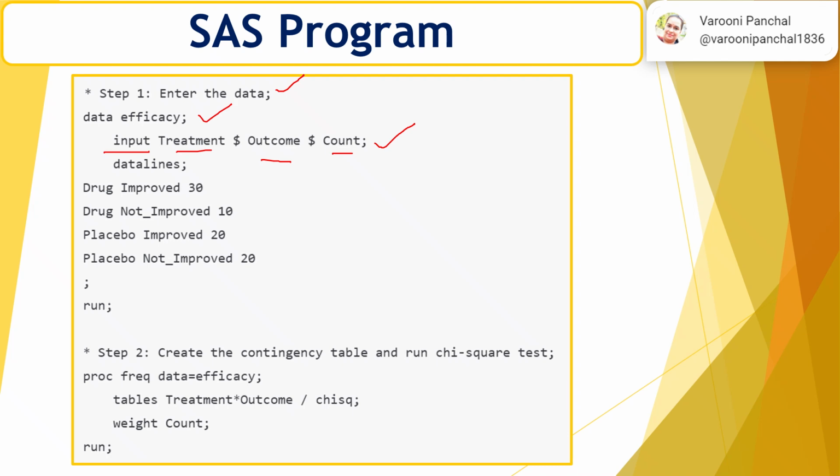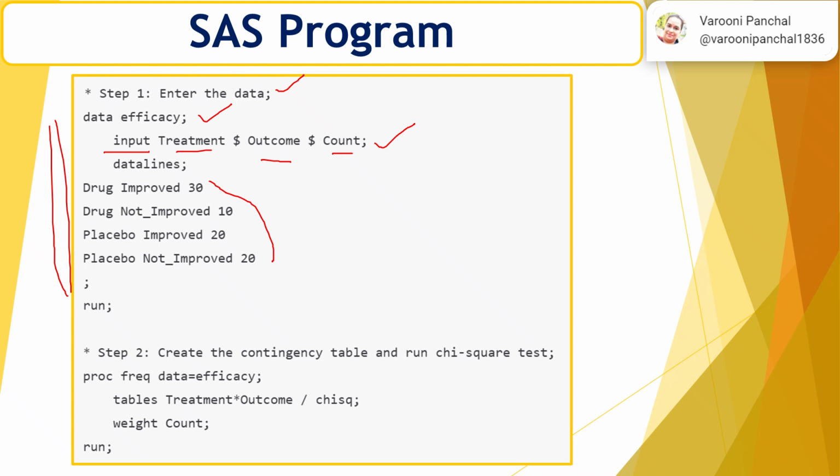The first column represents your drug, that is the treatment. The second column represents improved and not improved cases, and the third has the counts, which are 30, 10, 20, 20. You can manually enter this data step in your SAS program, and you will see that you get three columns and 4 rows.